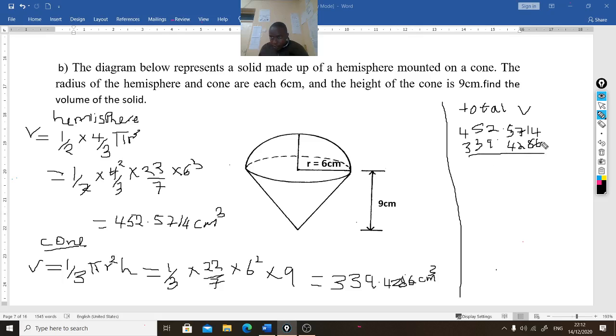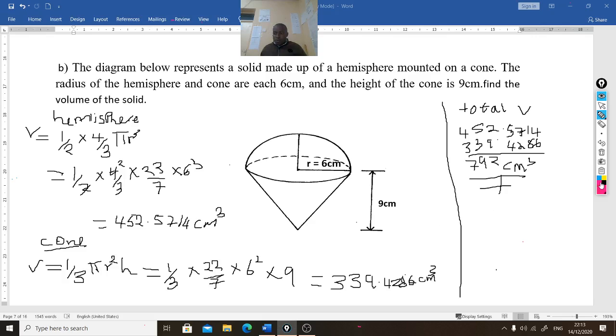So if you add, this gives 10, 0 carry 1, and so on, and it will become 792 centimeters cubed.